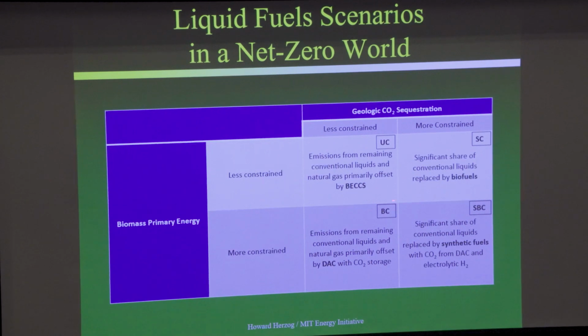So next section, we'll talk about the offsets here. I do have a little thing on biofuels if we have time for it. And then finally, I'm not going to go into synthetic fuels. This is by far the most expensive pathway.